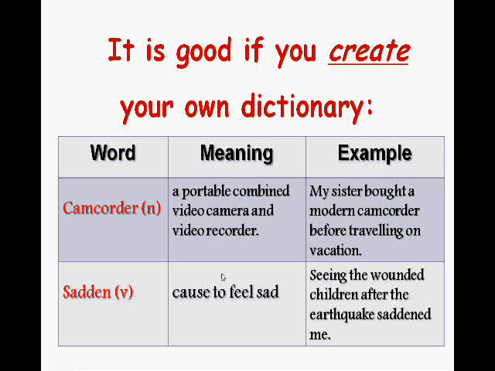And the meaning is caused to feel sad. And then the example, seeing the wounded children after the earthquake saddened me. So here's the use of the word in the sentence, okay? What saddened me, what caused me to feel sad, which is the meaning here, is seeing the wounded children, okay?